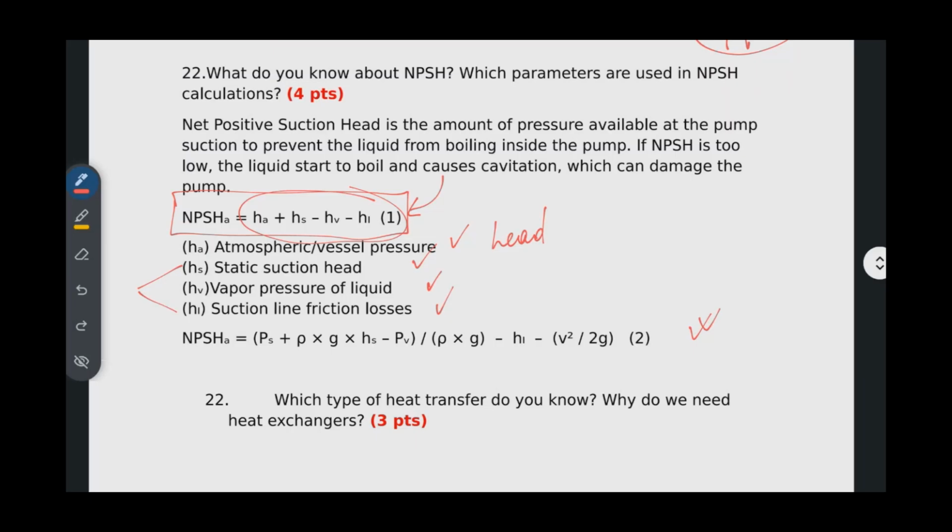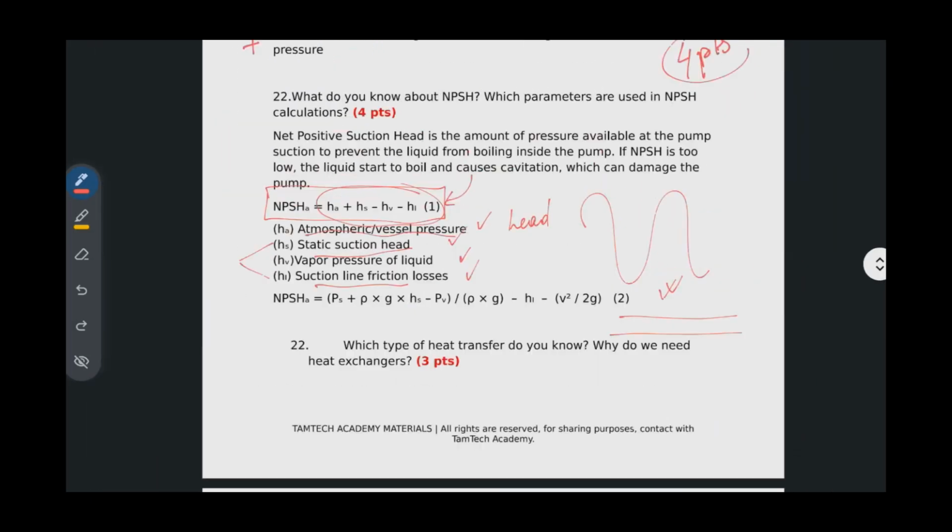But if you are not in this phase, like I'm in the project execution phase, you can also do some adjustments on the atmospheric vessel pressure, again the suction head, and also the frictional losses. So how will you do it? You will in general decrease the number of tees, elbows, etc., or you will try to make the pipeline straight in order to avoid the mainline frictional losses.